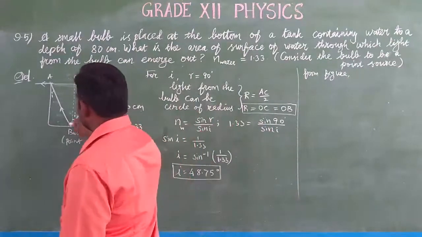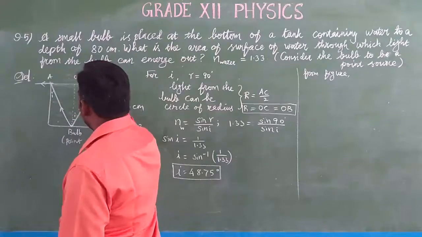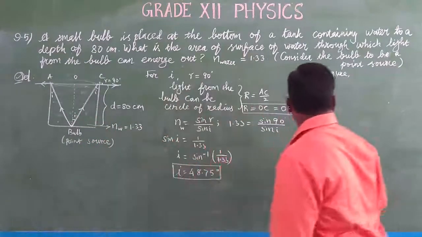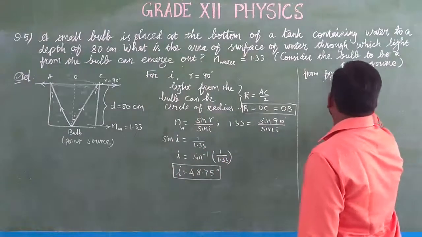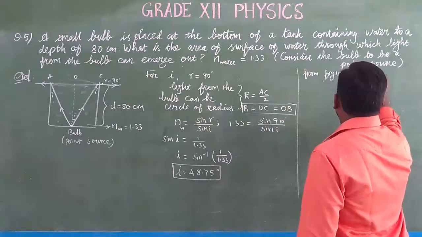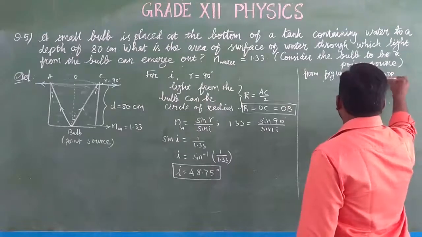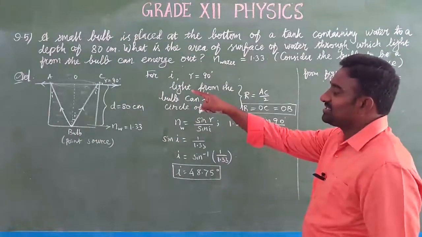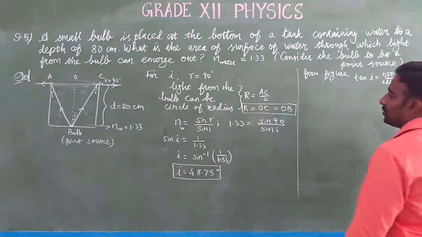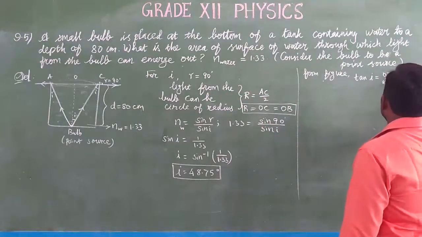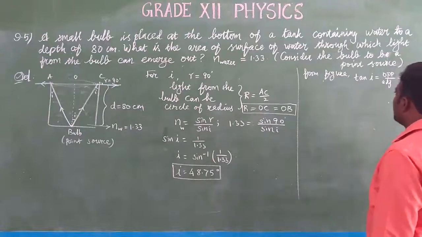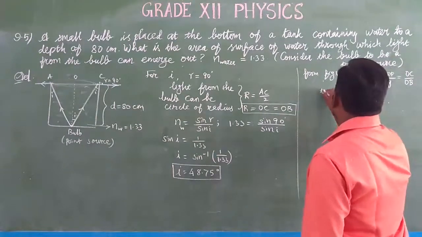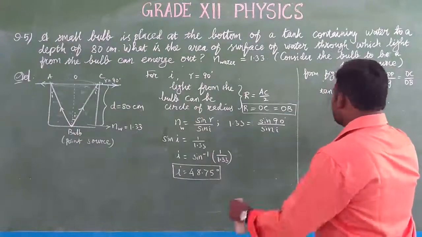This is a right angle triangle, no? So tan i means opposite by adjacent. What is the opposite? OC. Opposite is nothing but OC, adjacent is OB. OC by OB, where there is a bulb, no? Yes. Then tan, what is the angle of incidence?